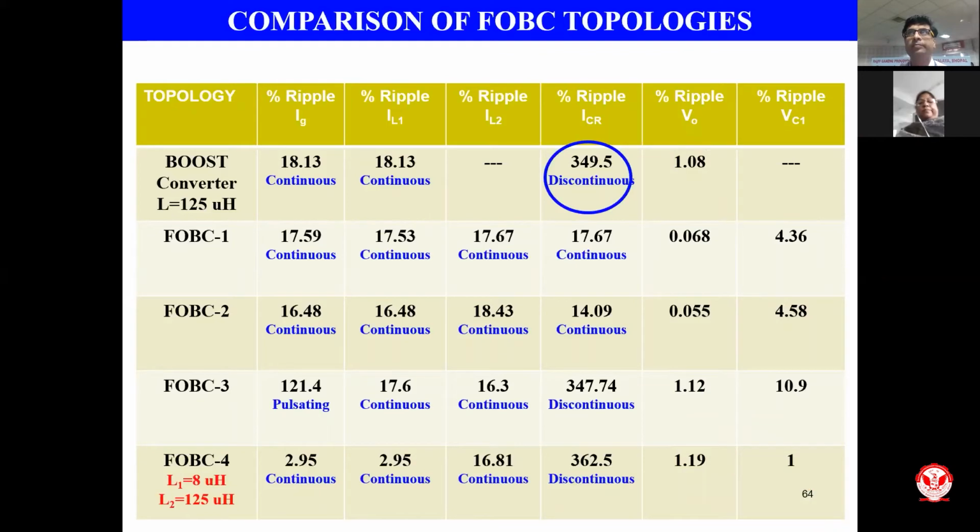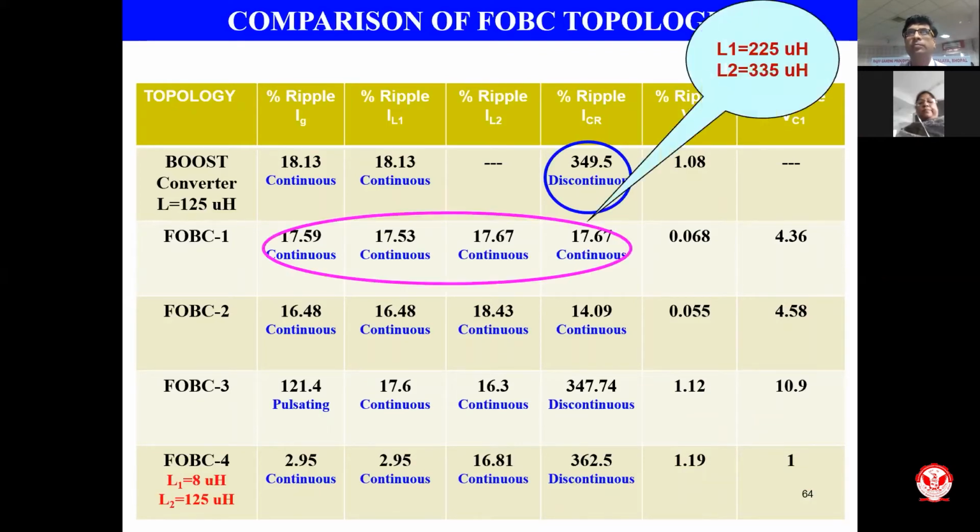If you talk of the ICR, the boost converter is discontinuous in nature, whereas the other converters, FOBC1 and FOBC2, give relatively far less peak to peak ripple as compared to the conventional converter and also as compared to the other two higher order converters.